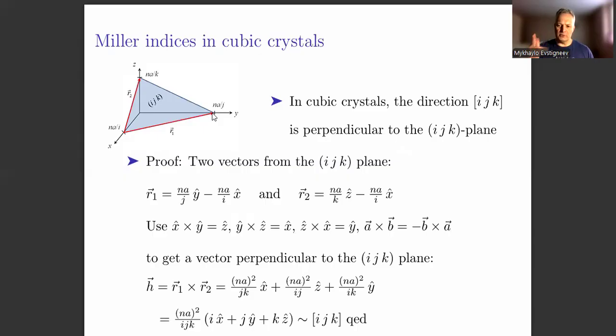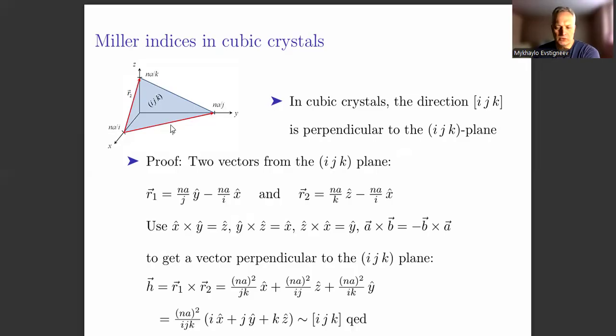Let's say this is your vector A and this is your vector B, and this is my right hand. The vector product of vectors A and B, by the right hand rule, its direction is the direction of my thumb, perpendicular to A and B. The vector product of two vectors is perpendicular to both vectors.